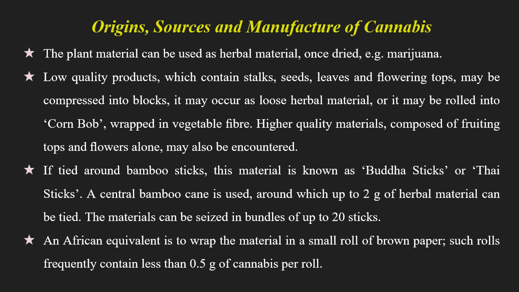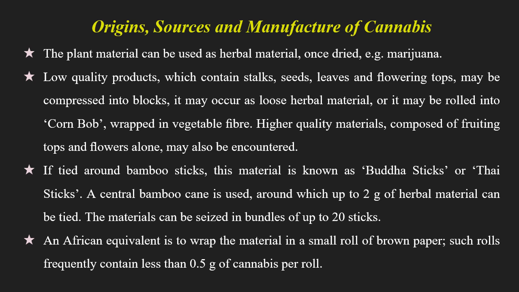These cannabis sativa plants can be obtained from different sources. It originates from different regions of the world, and the plant material can be used as a herbal material once dried. The low quality products, which contain stalks, seeds, leaves, and flowering tops, may be compressed into blocks.